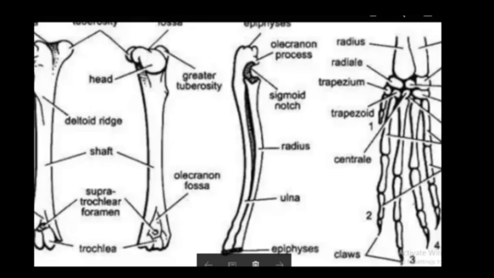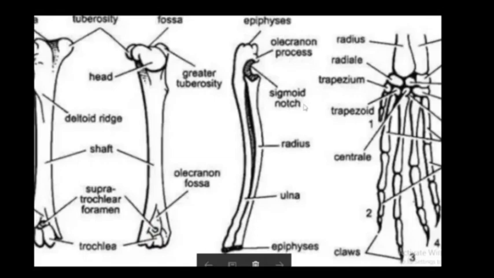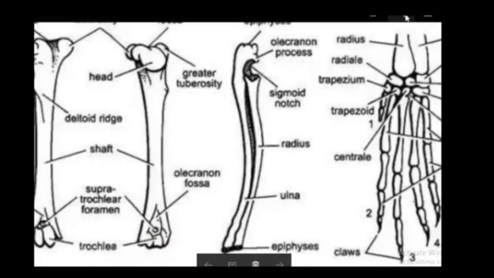While in the lower part, it is connected with these two bones. We have the ulna and the radius. The ulna is the longer bone of the lower forelimb, while the radius is the shorter one. They are joined to the humerus at this elbow region, and then we have the phalanges attached to them. So that is what this particular bone is about.